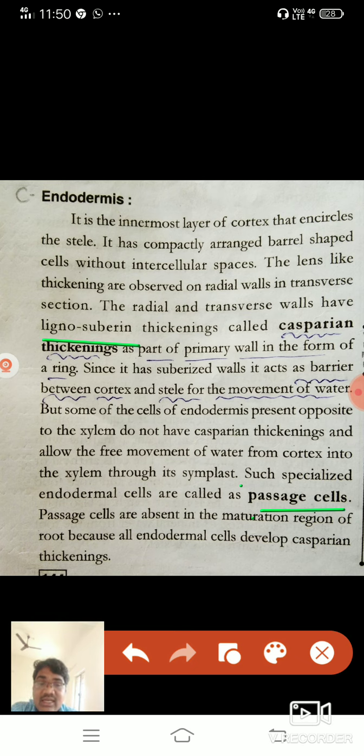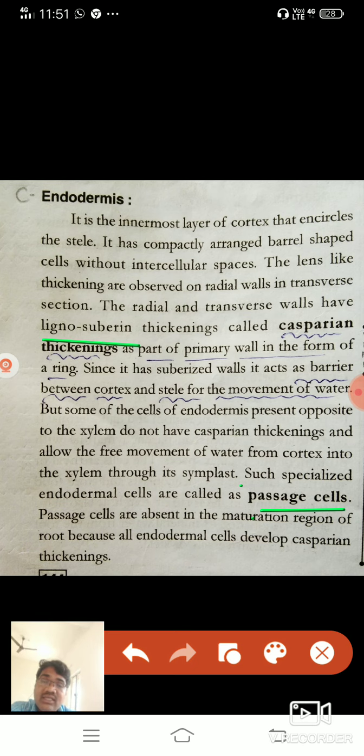The passage cells are absent in the maturation region of the root because all endodermal cells develop Casparian thickenings. So this is the most important concept in the dicot root endodermis. In competitive exams or NEET, they mostly ask about Casparian thickenings, which are related to the endodermis.